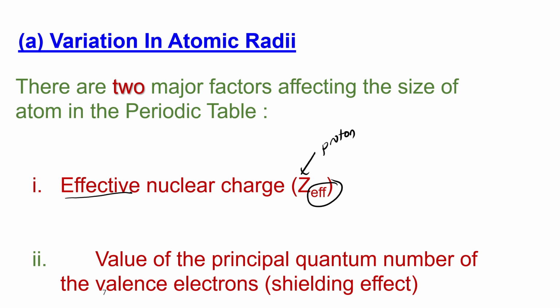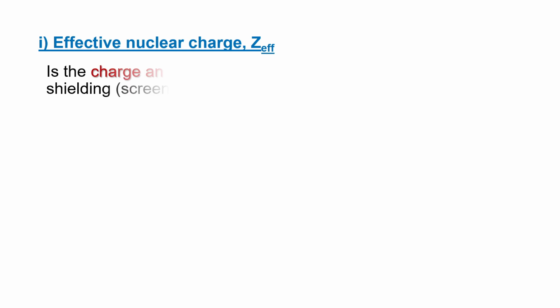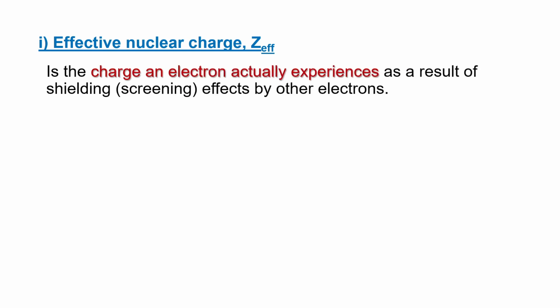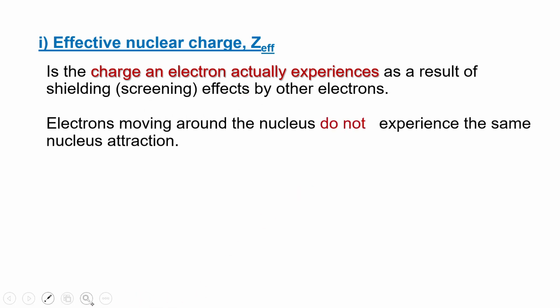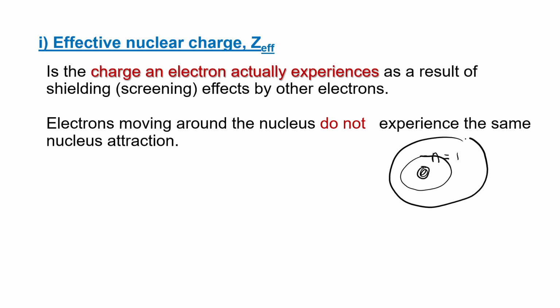So we will go further for the first one, starting with effective nuclear charge. What is actually effective nuclear charge? ZEFF, or effective nuclear charge, refers to the screening or shielding by other electrons. We know that electrons move around the nucleus. For example, this is the nucleus, and we have different orbits n1, n2, n3 and so on.